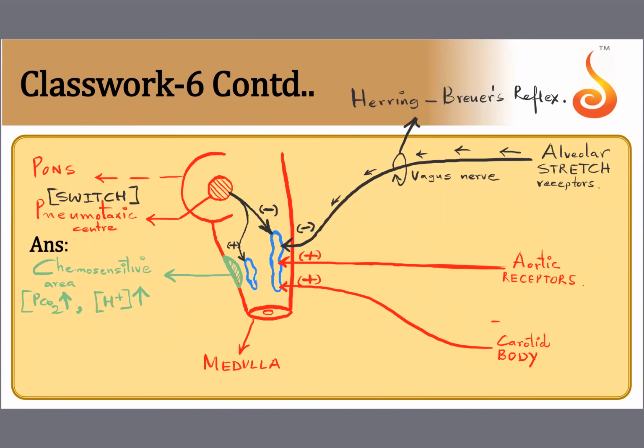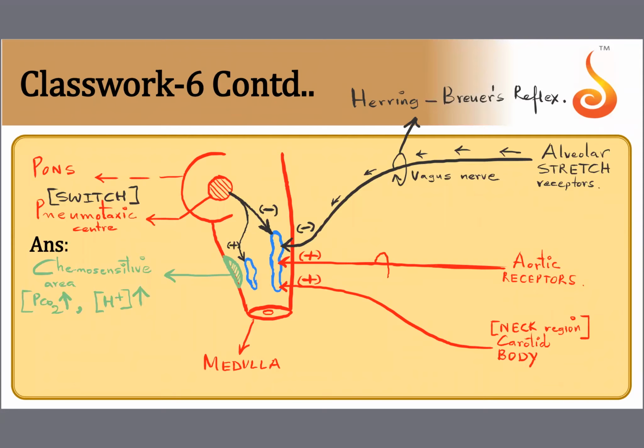It's an artery that runs in your neck region. So from your carotid body and the aortic receptors present in your systemic aorta, you have signals which reach the dorsal respiratory group, which excite or stimulate the dorsal respiratory group. I've put a plus sign over there.